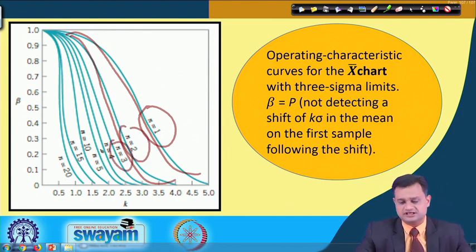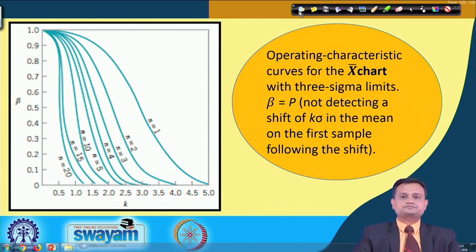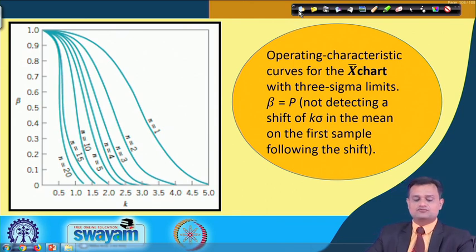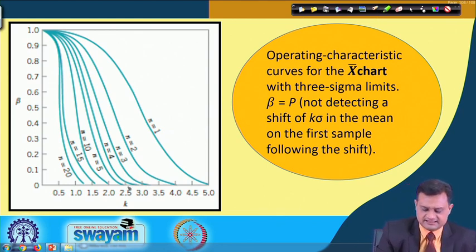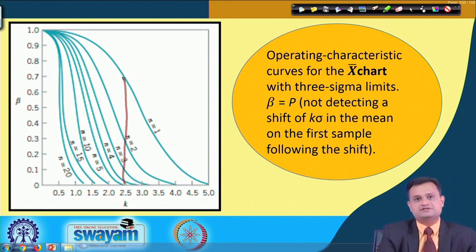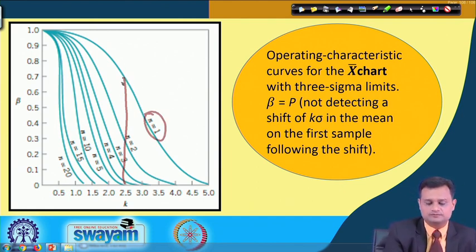Now what do you see here? I have the OC curve for n is equal to 1, n is equal to 2, n is equal to 3, n is equal to 4, 5, 10, 15 and 20. Just let me draw a line, and let us say there is a shift of 2.5, then I am just drawing a line. Suppose I am referring n is equal to 1 OC curve.